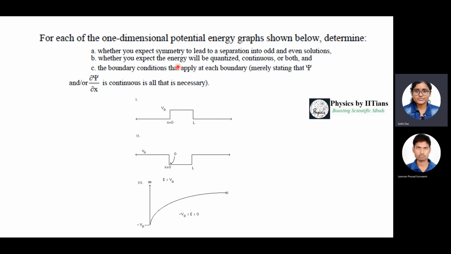The problem is that for each of the one-dimensional potential energy graphs shown below, determine whether you expect symmetry to lead to a separation into odd and even functions. The second question is whether you expect the energy to be quantized, continuous, or both. And the third is the boundary conditions that apply at each boundary, that is psi and del psi del x being continuous is all that is necessary. So three different graphs have been given, all one-dimensional potentials.